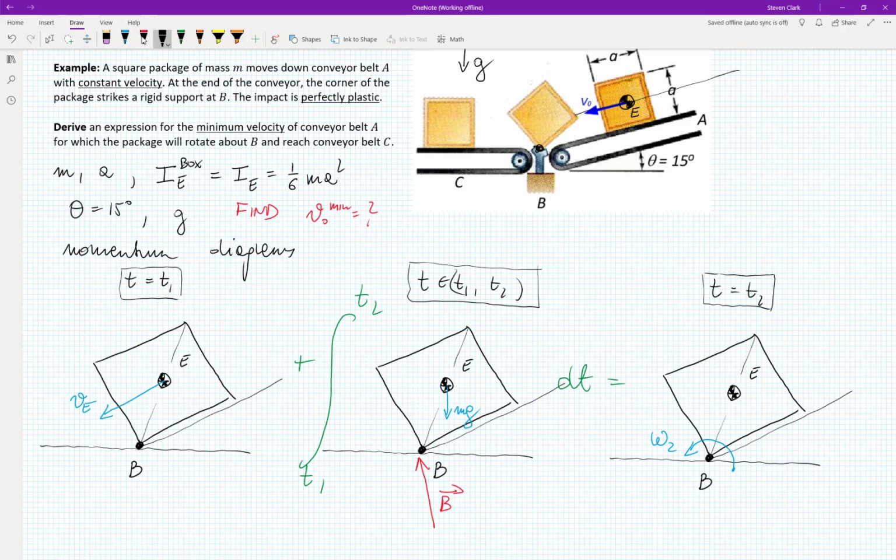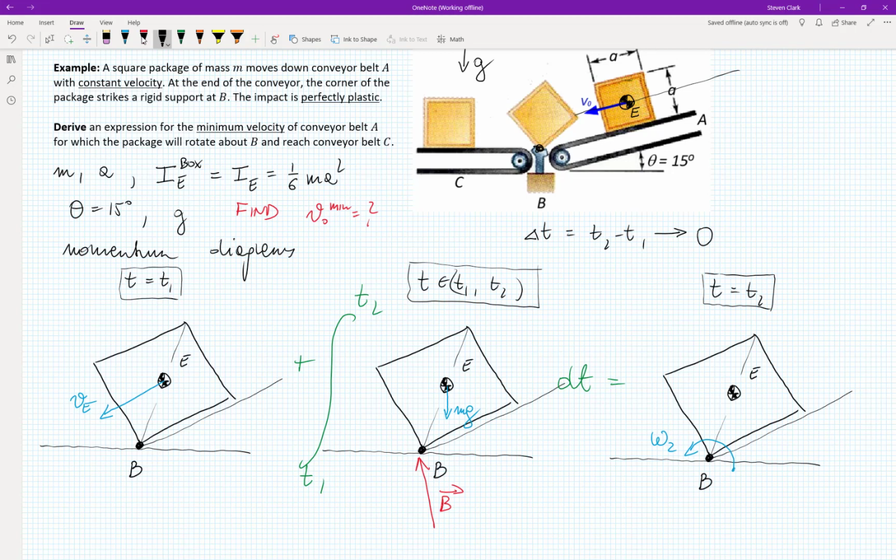So basically, I would like to define delta t, that is t2 minus t1. And I just want to let you know that this goes to 0. In other words, the duration of that impact is very short. Indeed, the impacts are very short. They are like 10 to minus 3 seconds, 10 to minus 6 seconds, maybe. I don't know the exact number, but my guess would be that they are somewhere between 10 to minus 6 and 10 to minus 3.